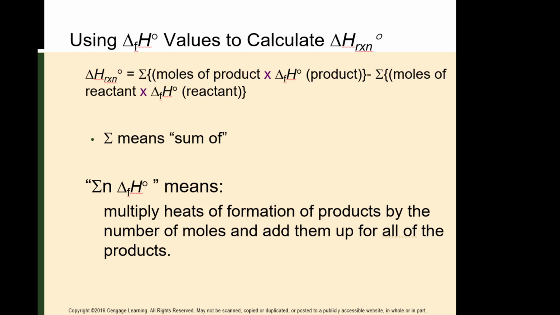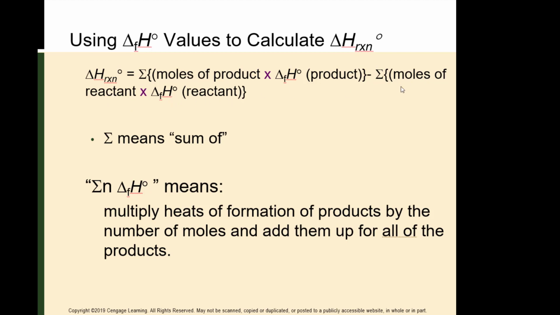So moving on, we can also calculate the enthalpy change for a reaction by using the standard molar enthalpies of formation and this equation. To find the enthalpy of the whole reaction, we can take the sum of the enthalpies of formation of the products minus the sum of the enthalpies of formation of the reactants.